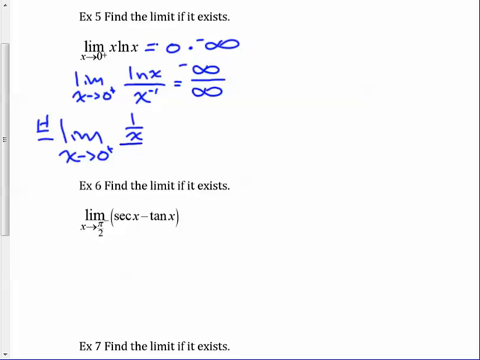Derivative of the top over the derivative of the bottom, which simplifies to negative x, whose limit is 0.